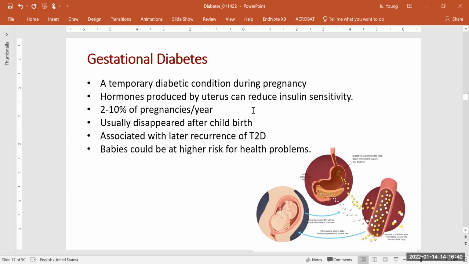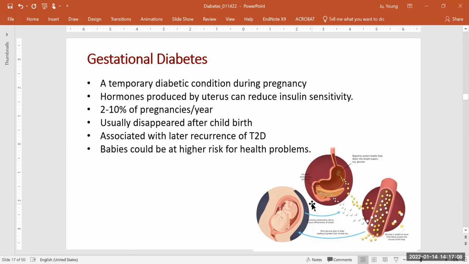Gestational diabetes develops at any time during pregnancy in a woman who did not have diabetes prior to the pregnancy. During pregnancy, many hormones like growth factor, progesterone, cortisol, and prolactin are produced to help the baby grow and develop.